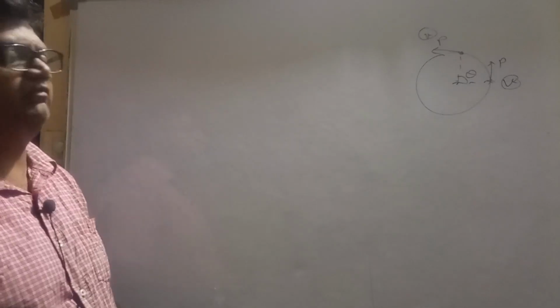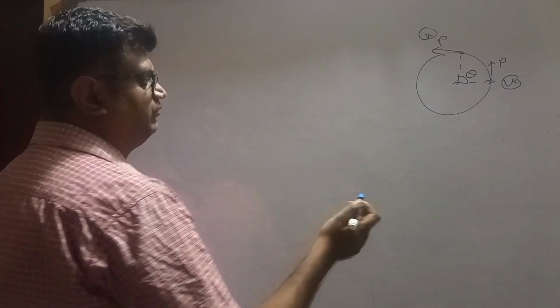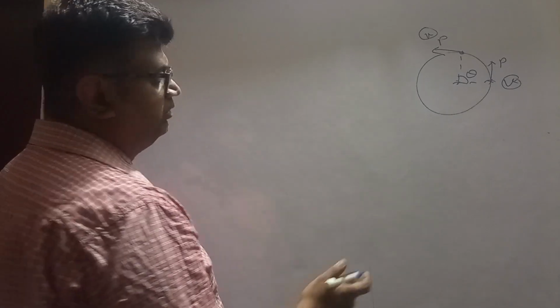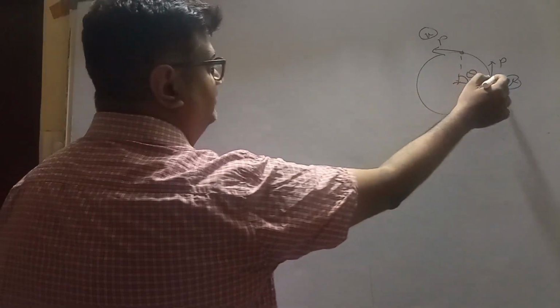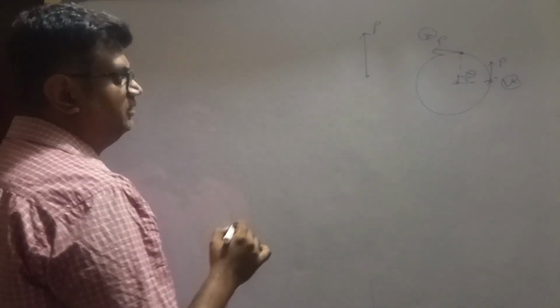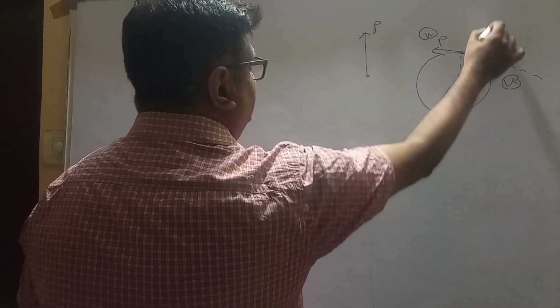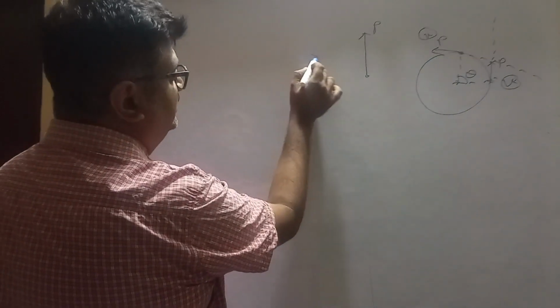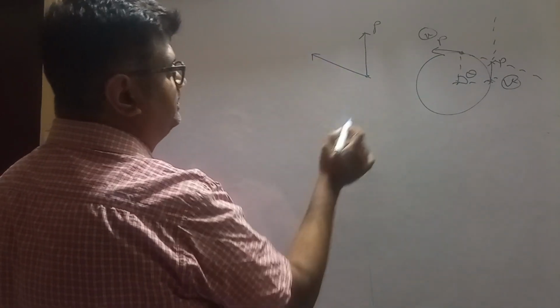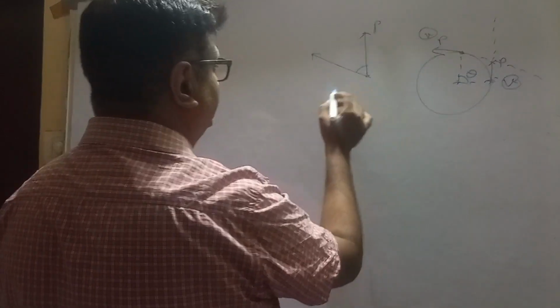If you want to find the change in momentum in this type of case, we have to apply this vector rule only. So let us draw it. Let me draw this vector. So this is p vertical, and you have to back extend it. If you extend it, this is like this. So we have to find this angle now, what is this angle.